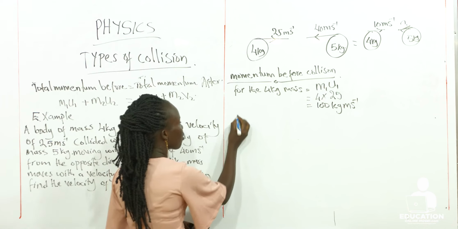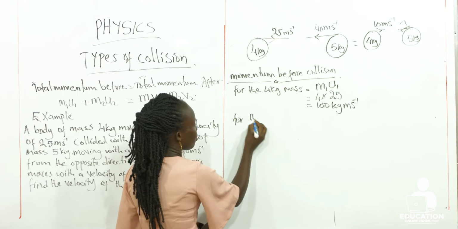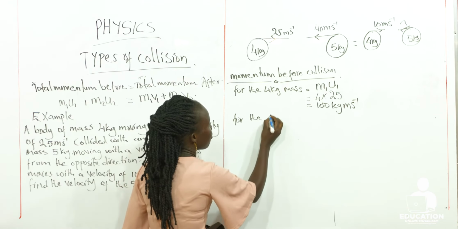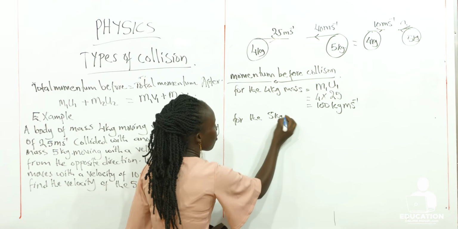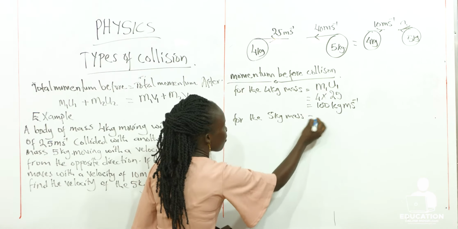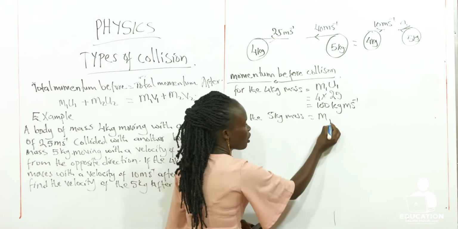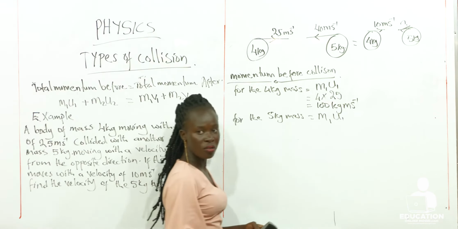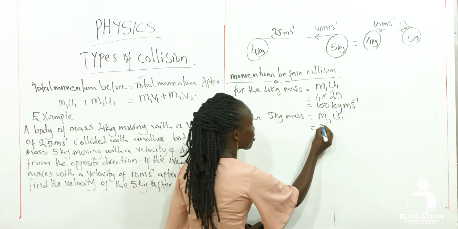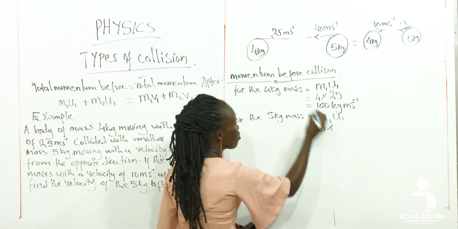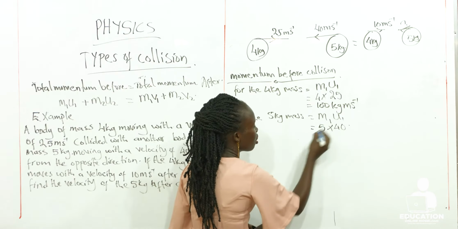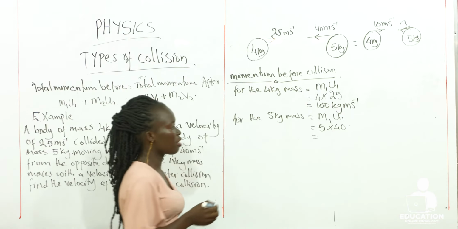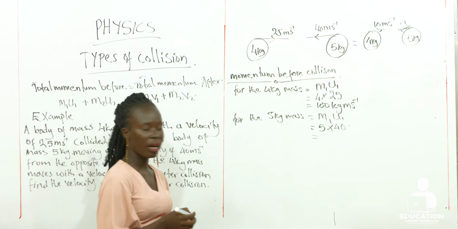So let us see for the second, the 5 kilogram mass. We have the mass of this body and the velocity with which it was moving. So we shall have the mass is 5 times the velocity, which is 40. If you have your 5 times 40, what shall we have?